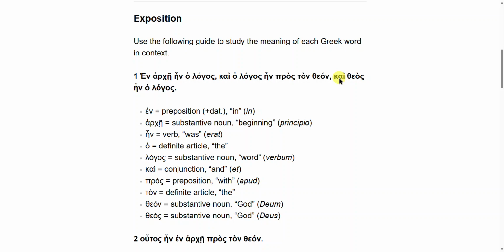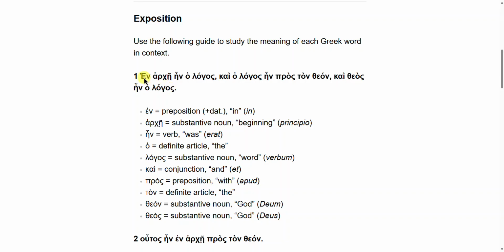Kai is the conjunction and, which we saw before. Theos means God. Notice no article this time. Kai theos. Ein is the verb was. It's the third time we've seen that in this first verse. And then ho logos is the article and the substantive noun word, logos.